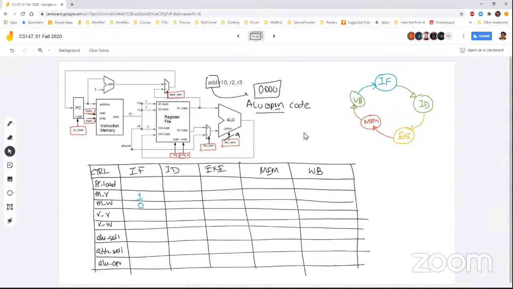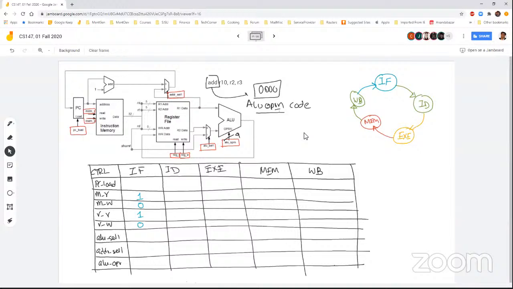We always assume that memories and registers have only read and write modes. So the safest setting for the register file in that case is read, because we don't want to write anything onto the register file, and neither onto the memory, by the way. So we'll keep it in read mode, and pick 0 here.